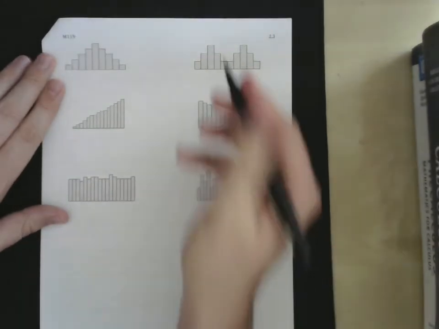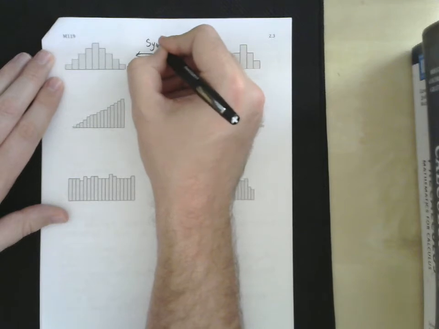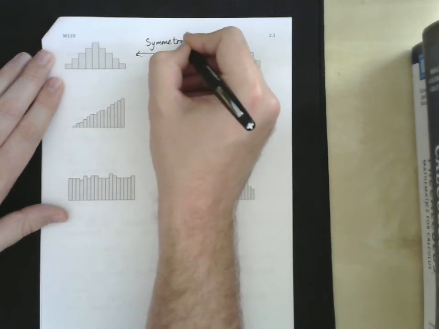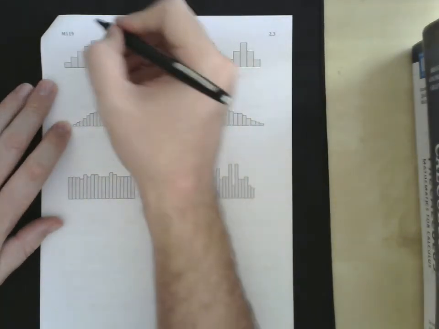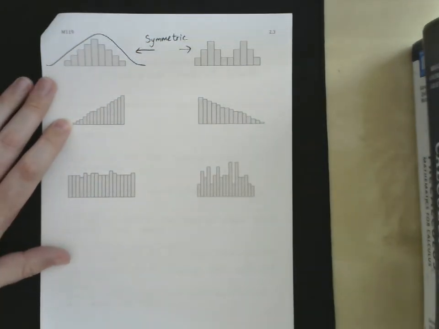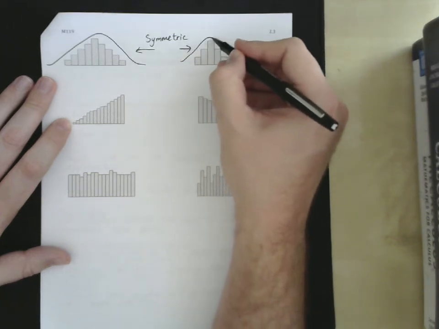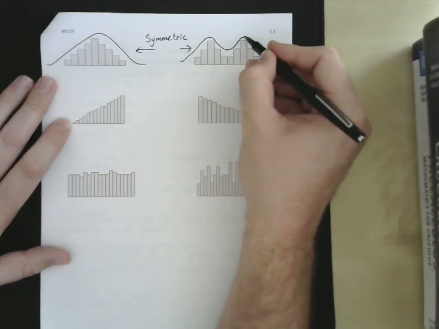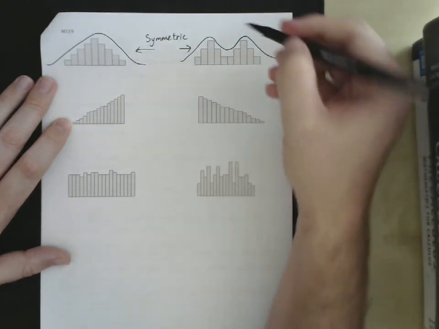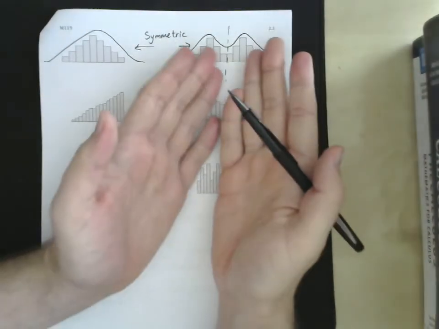So these first two, both of these are symmetric. So this is the classic bell curve that people know about. This is still symmetric even though it is not a bell curve, because I could draw a line right here and it appears to mirror itself.